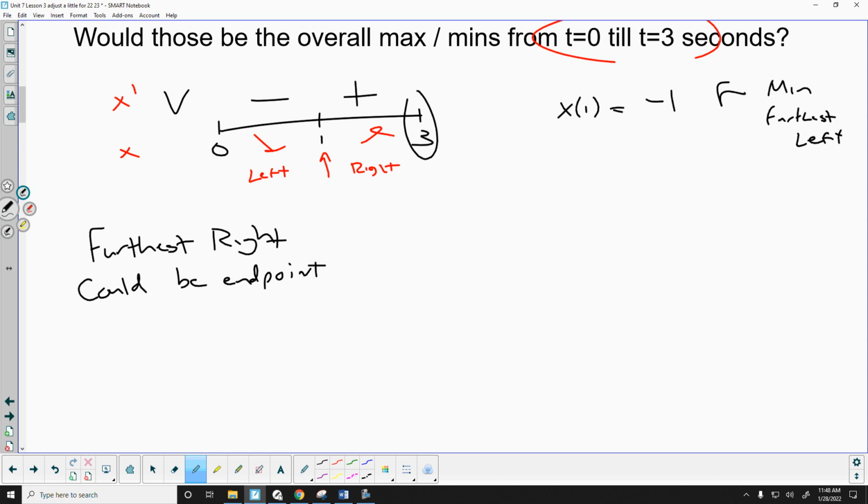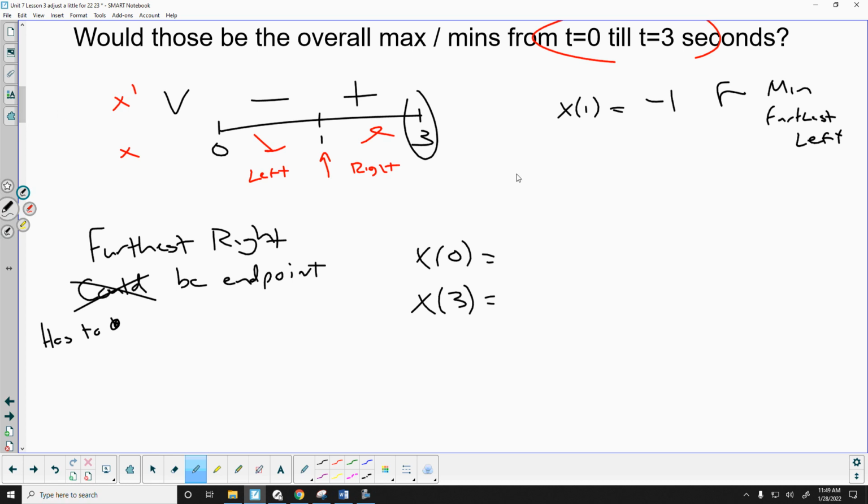We have to consider endpoints as possible maxes and mins. And the only way to confirm things is to actually find positions at these endpoints.